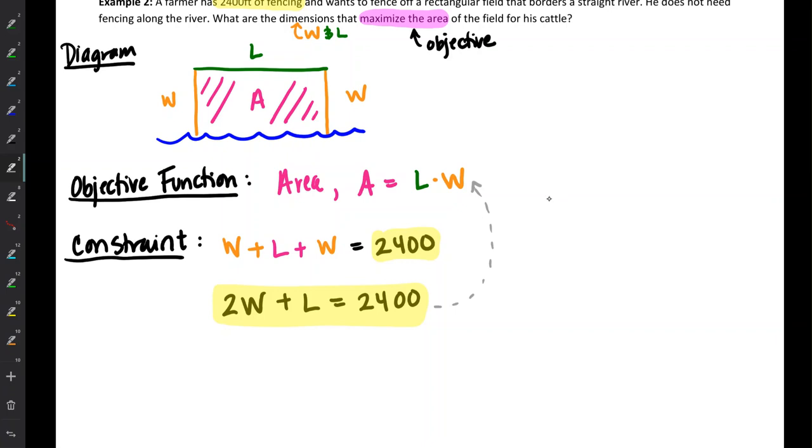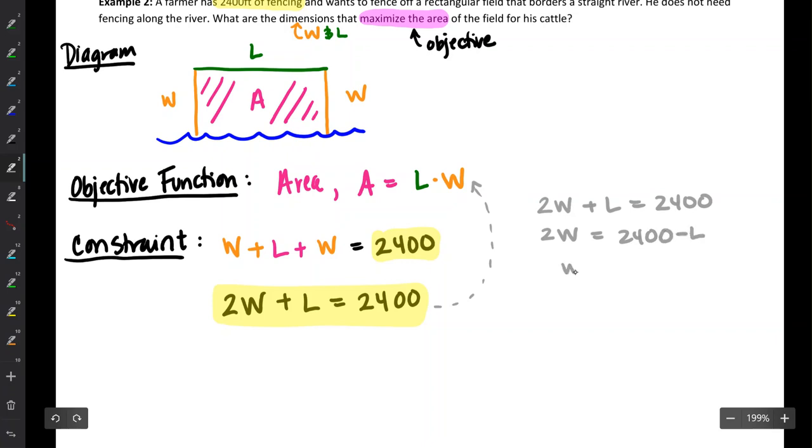If we solved for W, W would be, dividing that by 2, 12,000 minus L divided by 2.